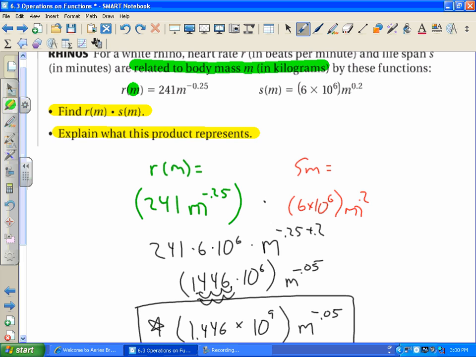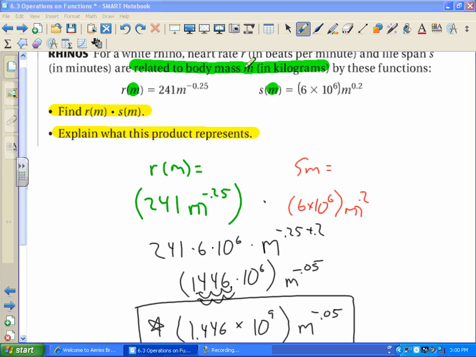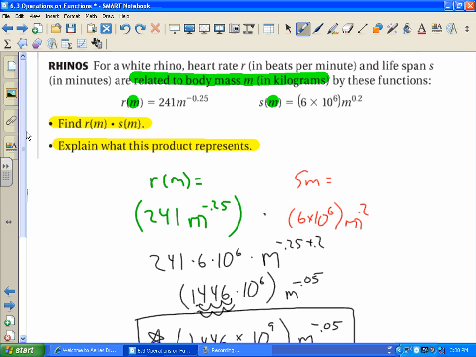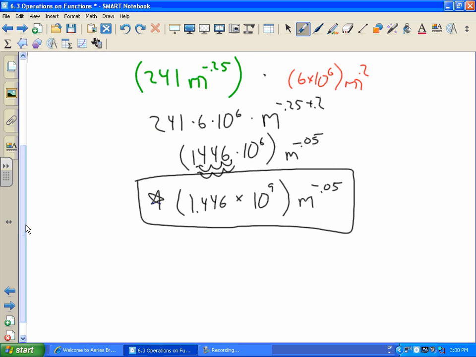What this equation is relating is beats per minute, that's a heart rate, and then lifespan in minutes. And we can predict, basically, beats per minute and lifespan.